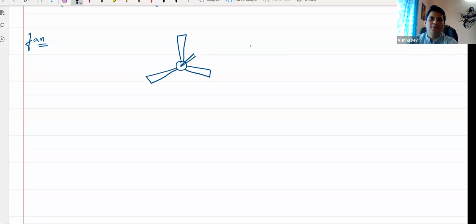If I talk about the whole object, I can say the whole fan is rotating around the axle. But if you just talk about one point on the fan, what is the motion of this one point?